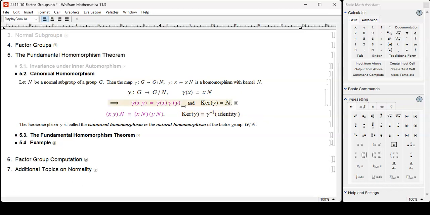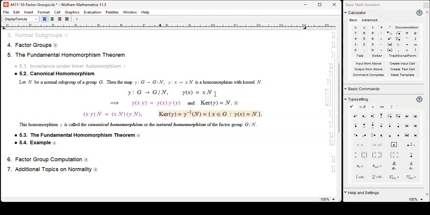Well, the identity for the factor group here is just N. So this identity is just N. In other words, this is the set of all elements in G such that gamma of x is the identity.